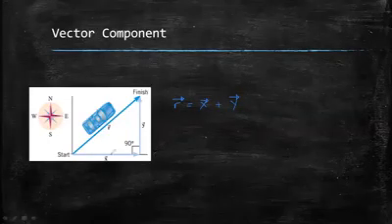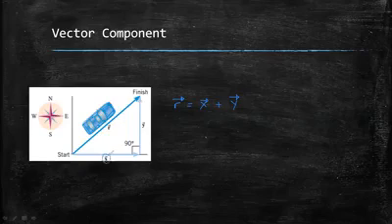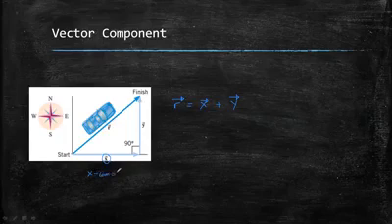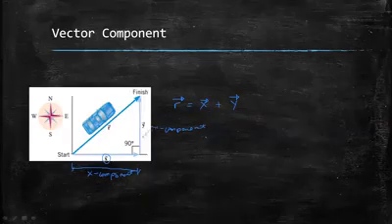That means vector x, or the x component, represents the displacement of vector r at the horizontal, while vector y, or y component, represents the displacement at vertical.